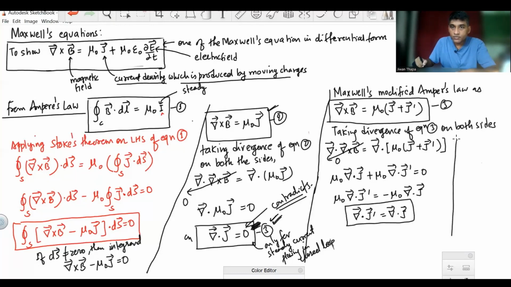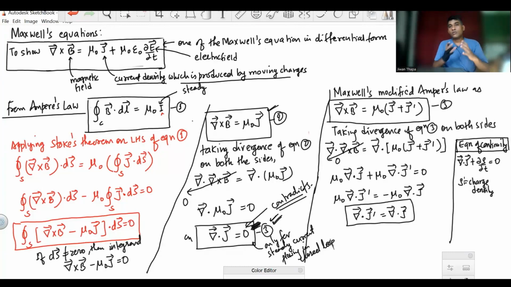And we know the equation of continuity, clear? So divergence J plus d rho by dt equals 0. And rho is called charge density, or volume charge density.